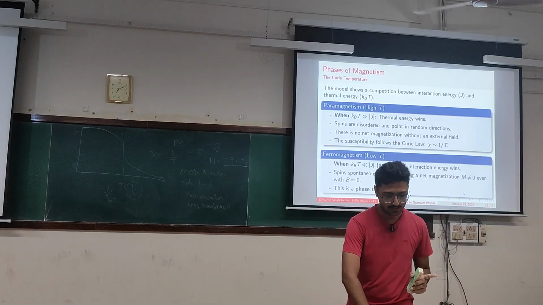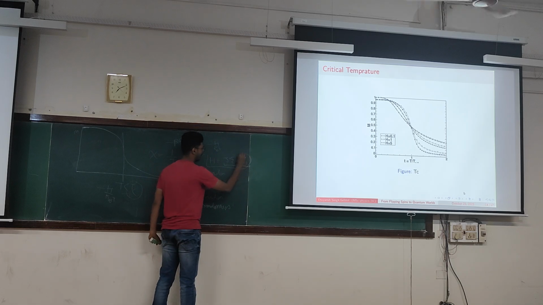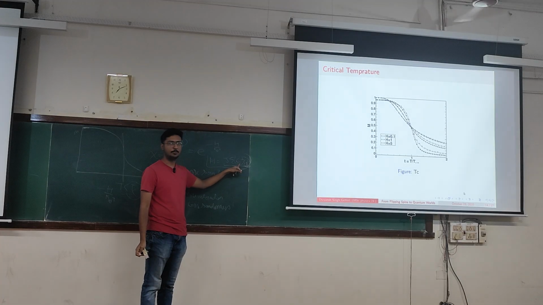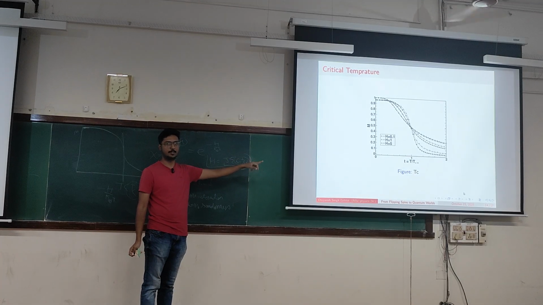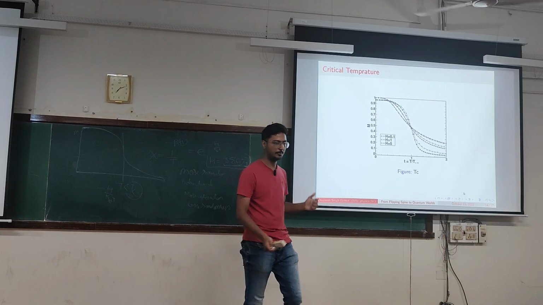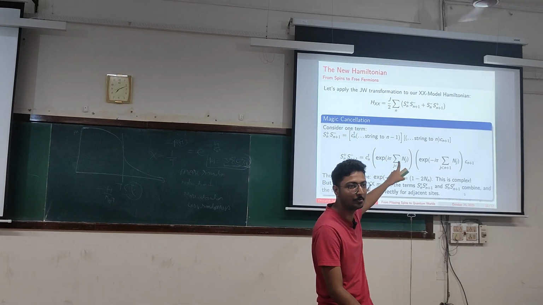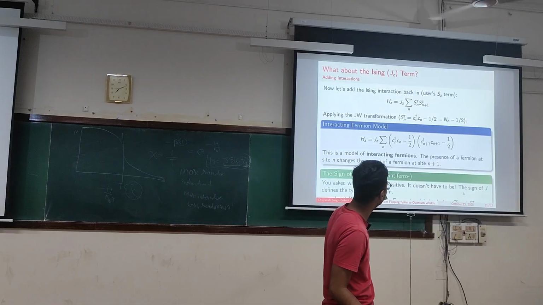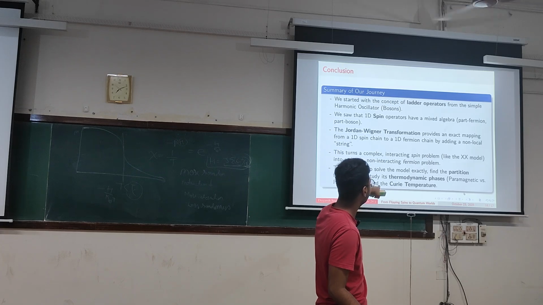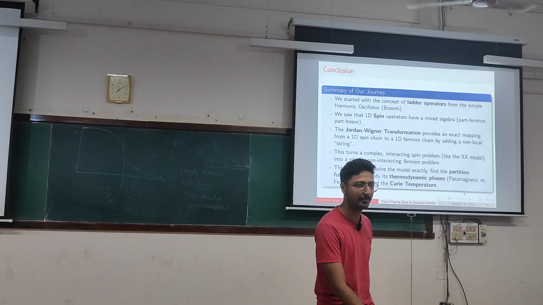Why I'm saying non-interacting: in this Hamiltonian, each term is completely dependent on one site; you don't see any other term. So it is a non-interacting term, whereas in the previous Hamiltonian it was n into n plus 1. There are two terms, so it is interacting. That's how I'm saying non-interacting. This is followed by the partition function and thermodynamic physics, paramagnetism and ferromagnetism, and the Curie temperature.